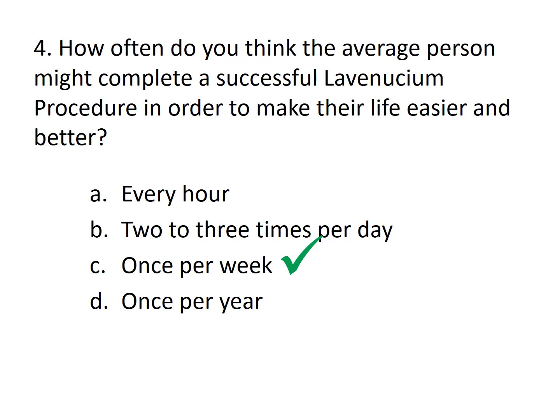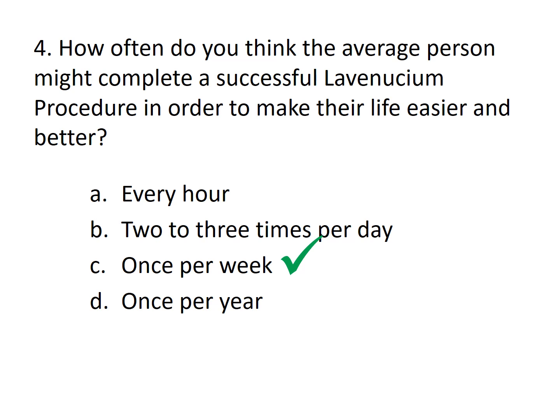Now, suppose following this quiz, you were given the instruction over the Lavanusian procedure. So let's say, for example, that this was a pre-test, and you shouldn't beat yourself up if you did not get 100% as a pre-test because you weren't taught the Lavanusian procedure or its purpose in your life.